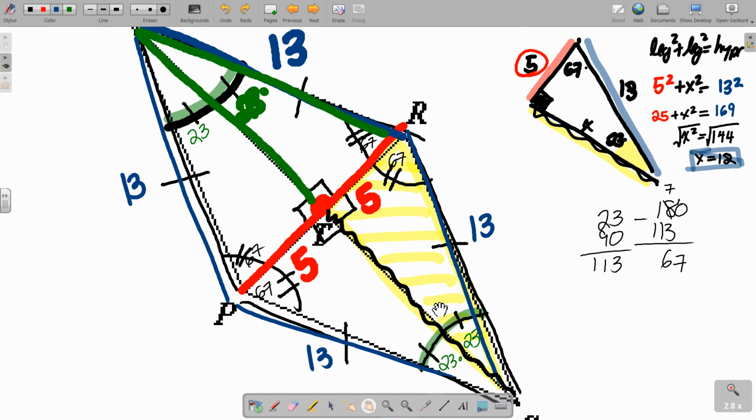And we have completed finding absolutely everything. Could have used SOH CAH TOA if you'd like. So keep in mind, sometimes you have choices. Okay, that's a rectangle and a rhombus.